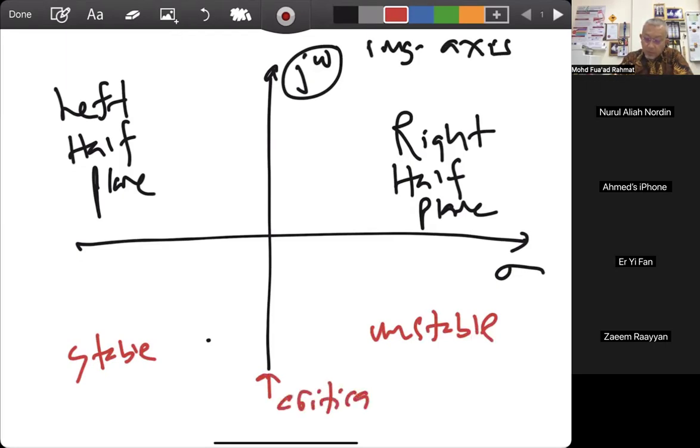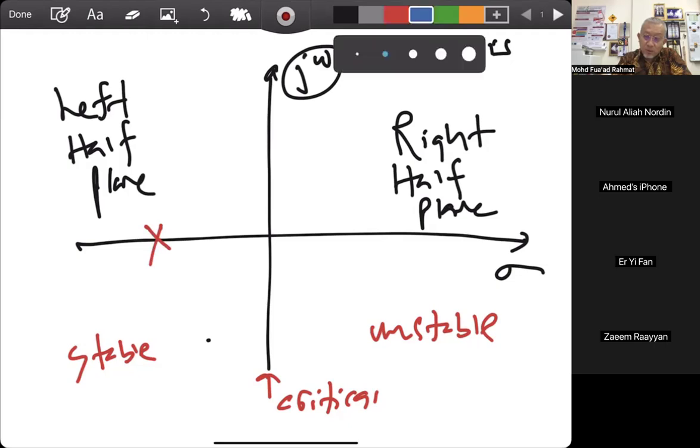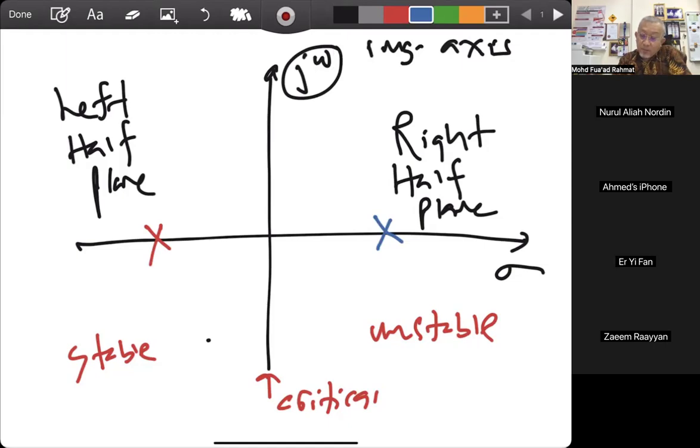The location of the poles plays an important role in deciding whether the system is stable, unstable, or critical. If all the poles are located on the left half plane, no issue, it's stable. But if there is even a single pole on the right half plane, it will be unstable, definitely.